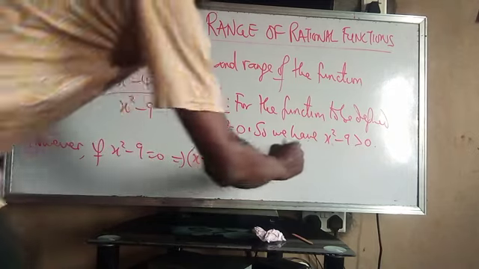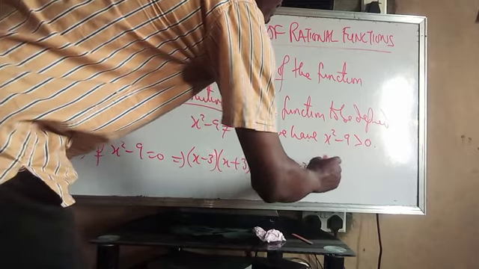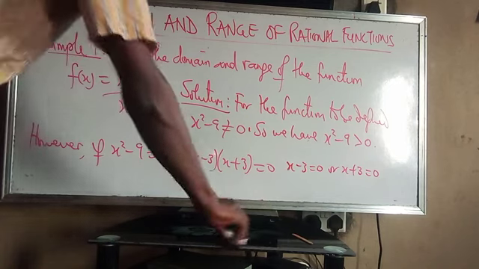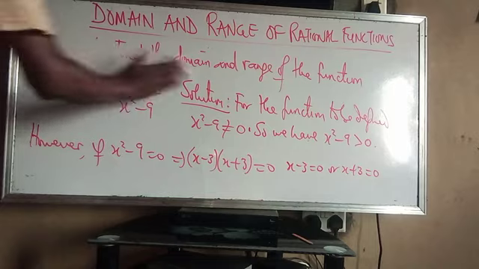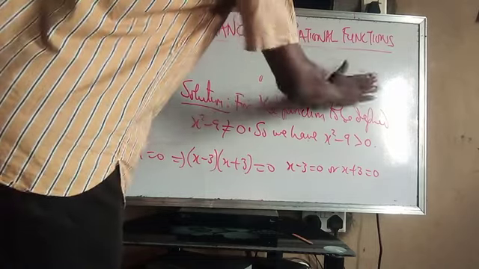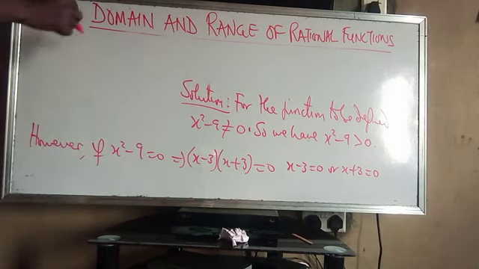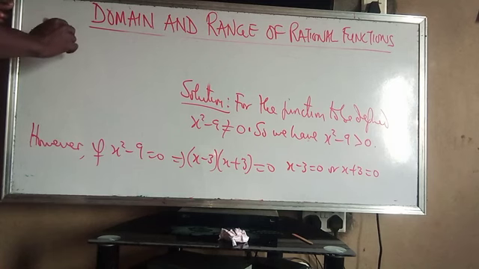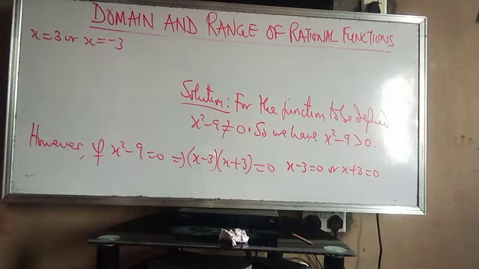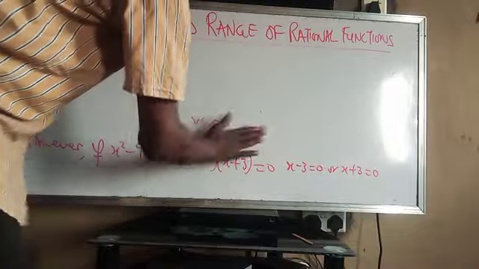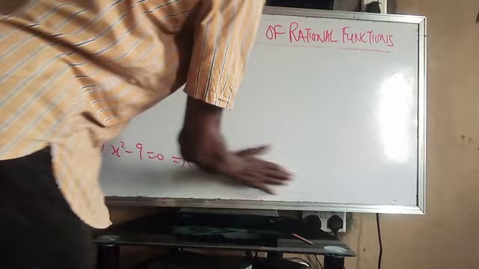So x minus 3 equals 0 or x plus 3 equals 0, which means x equals 3 or x equals minus 3. That means for this expression to be undefined, x will be 3 or minus 3. So x equals 3 and x equals minus 3 must be excluded, because if they are included, the expression will be undefined.